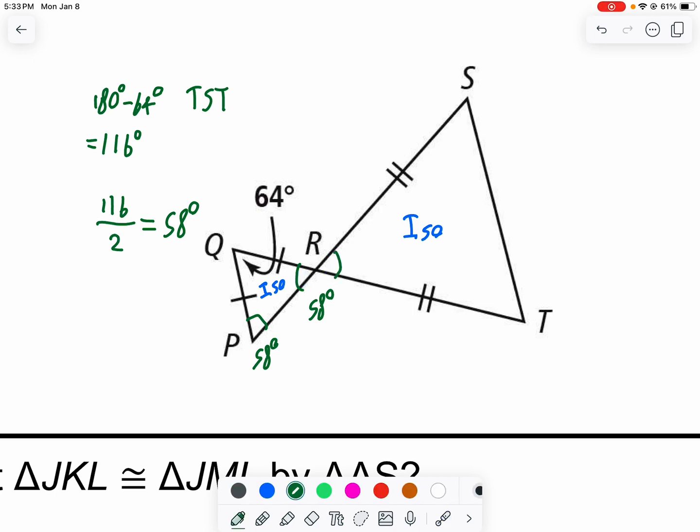I'm going to write that down. These are vertical angles, so this one is also 58 degrees. Now, if I take 180 and subtract 58 degrees, I get 122. 122 cut in half is 61. So these two angles, which are congruent, are each going to be 61 degrees.